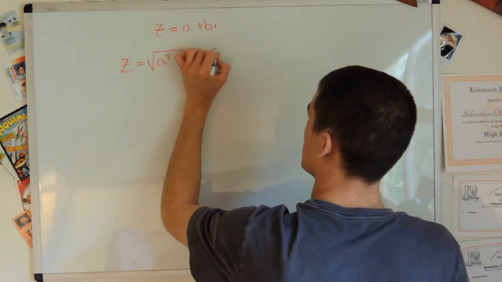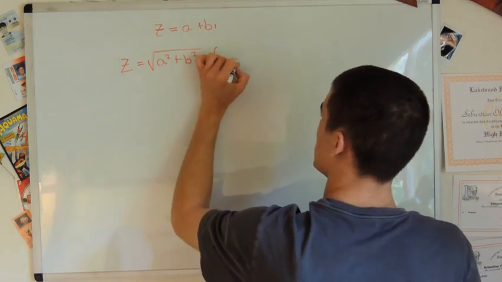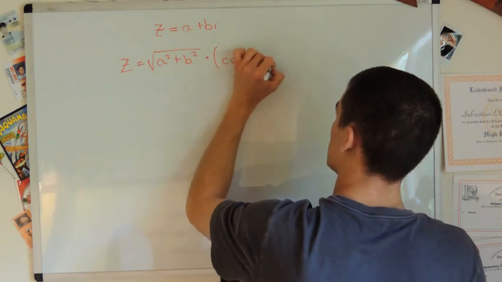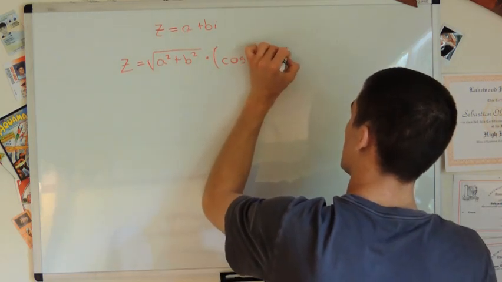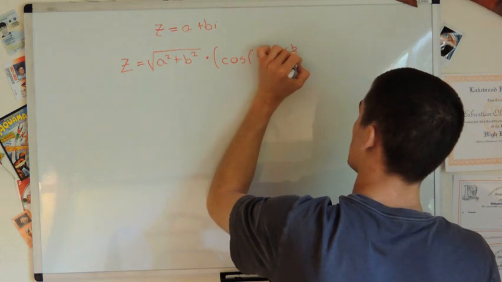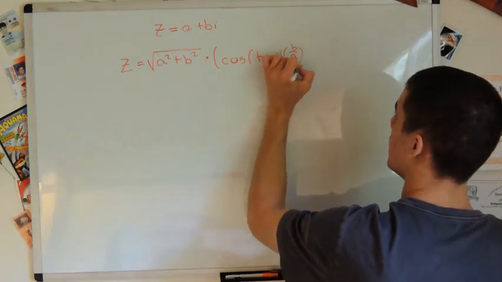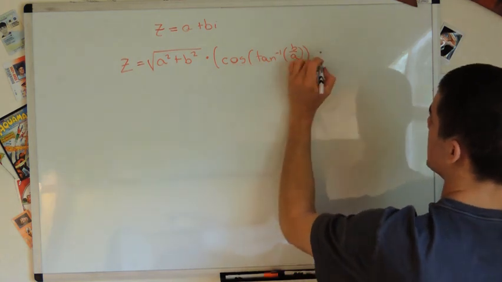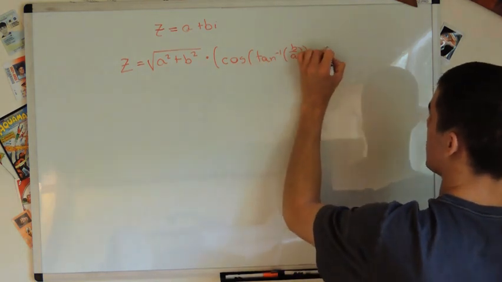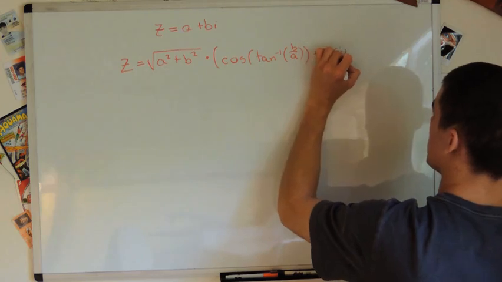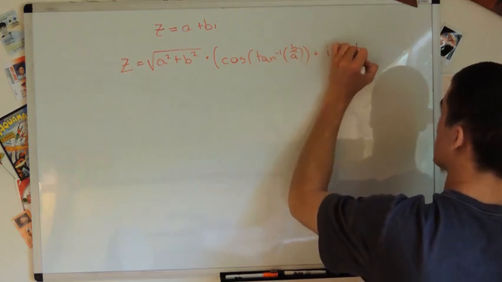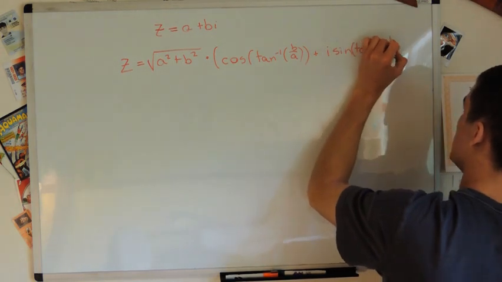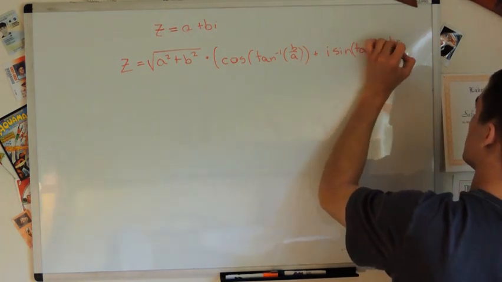Times the cosine of the arctangent of b over a, no i again, plus i sine of the arctangent of b over a.